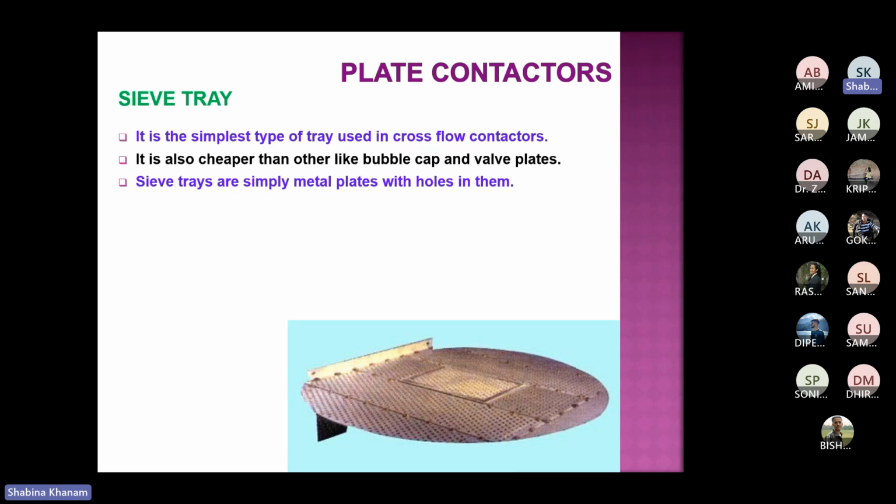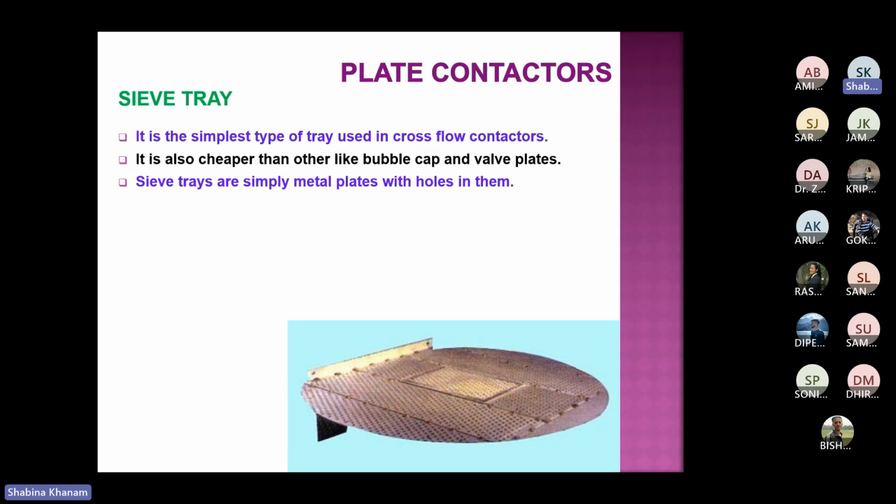Therefore, we remove all these sections where holes are not possible. You understand, right? If a strip is there, or a ring is there, holes cannot be made there. Holes can be made only in the section of the plate which is free.